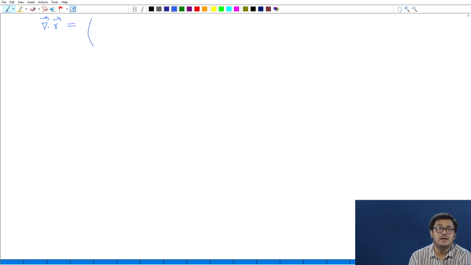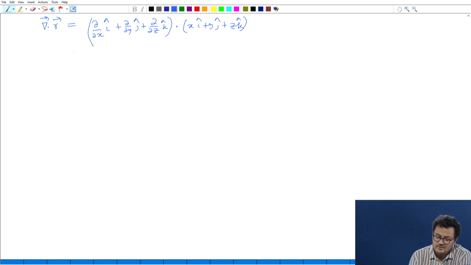In 3D space, this is nothing but (del x I cap plus del y j cap plus del z k cap) dot (x I cap plus y j cap plus z k cap), and if you do the contraction it gives del x by del x plus del y by del y plus del z by del z, which is equal to 3.